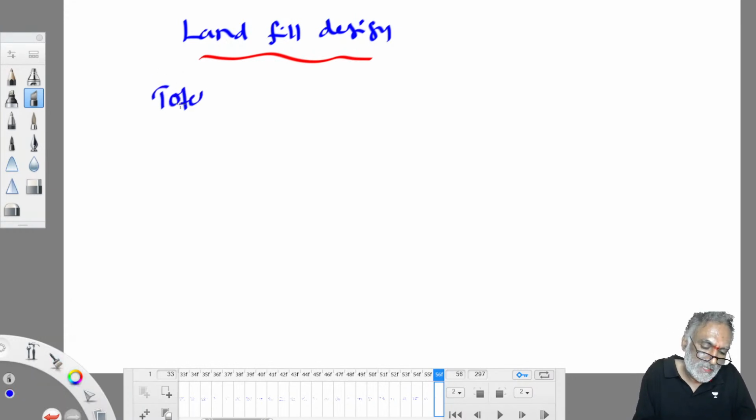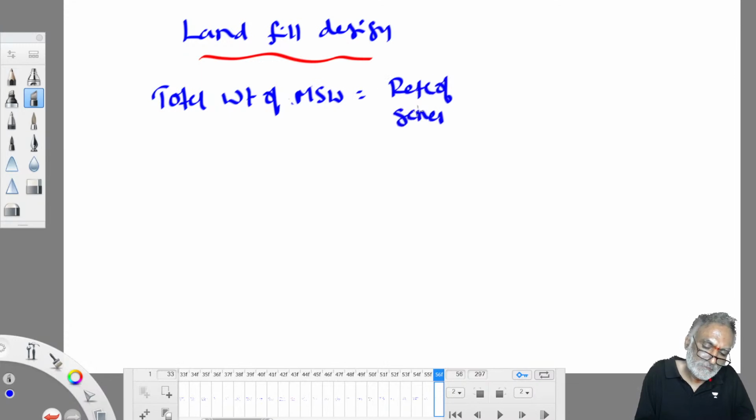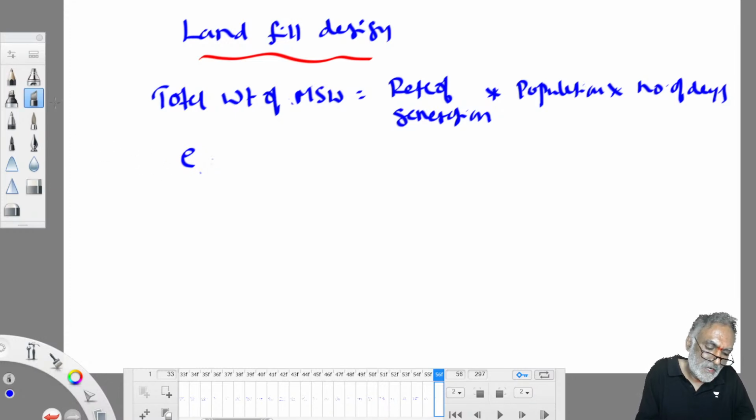For that what we do is, total weight of MSW generated, municipal solid waste generated, is equal to rate of generation into population of that city or community for which it is to be designed into number of days for which the system is to be designed. Then it will give you density of MSW, compacted density will be given, sometimes uncompacted.